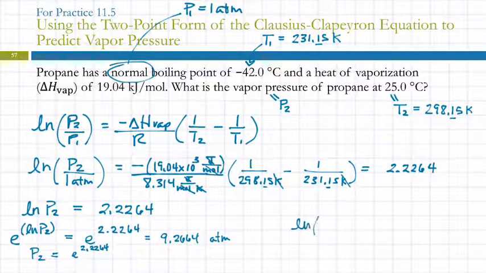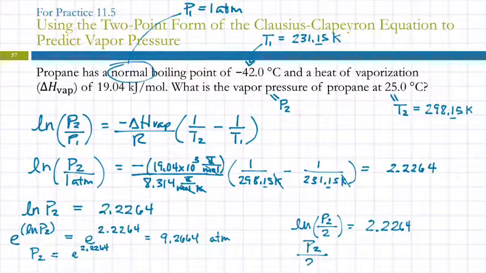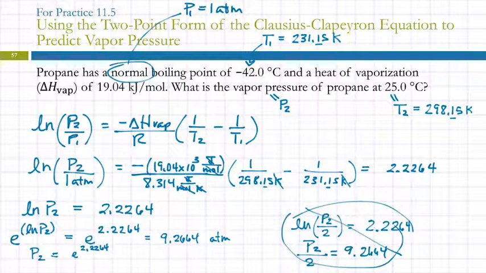You'd have natural log of P2 over 2 equals some number. So when you did e to the x, you get P2 over 2 equals 9.2664. So you'd actually multiply by 2, not divide by 2. So this is a what if, not part of the actual problem, but a good what if.